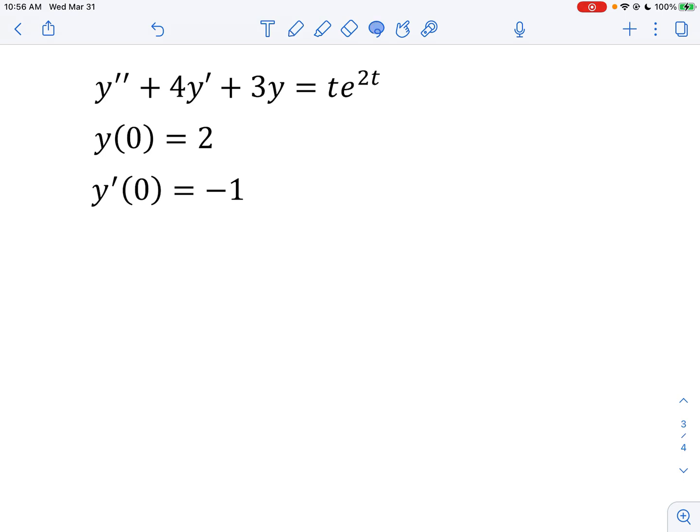And I'm going to go ahead and do some skipping of the steps. I won't write all the curly L's. Let's just do the Laplace transform of y double prime. It's going to be s squared times capital Y minus s times little y of 0, and then minus little y prime of 0. That's the Laplace transform of just the y double prime. Okay, next we do plus 4 times the Laplace transform of y prime.